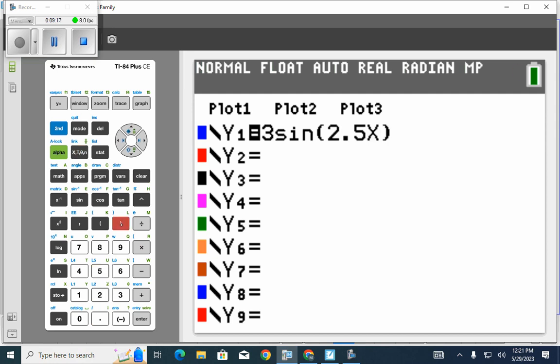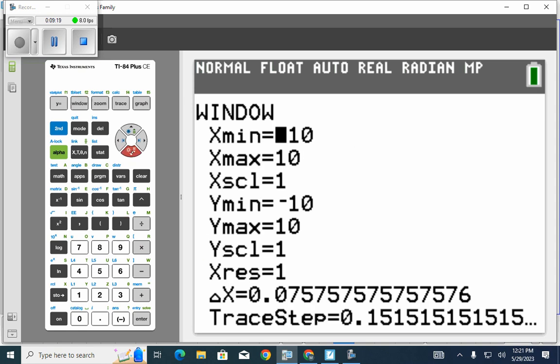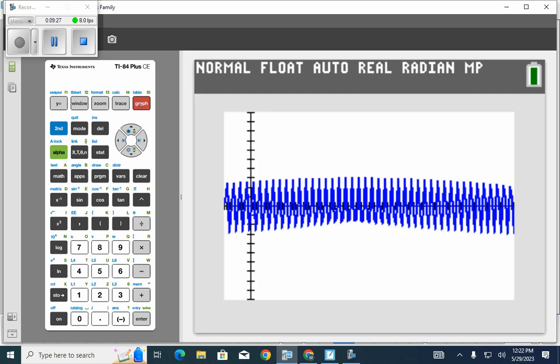So for my window, if I have no idea, let's say I go to 100 because I have no idea what my x should be. Like I have no clue. Look at this thing. It's really cool, but it's a heart attack on your screen.